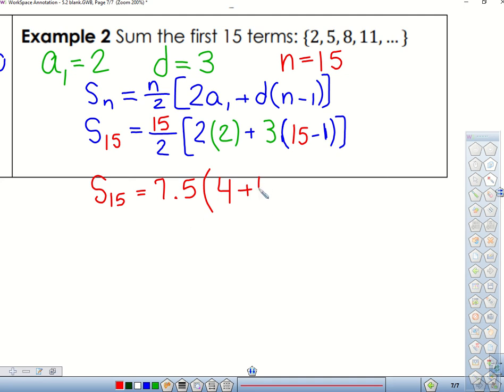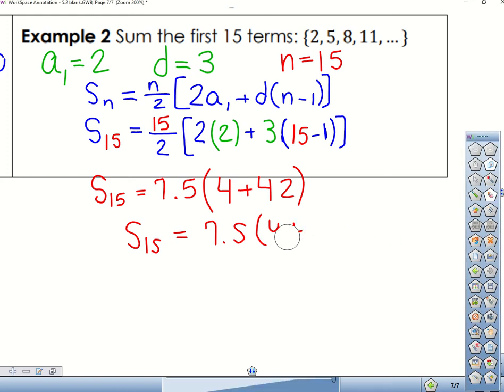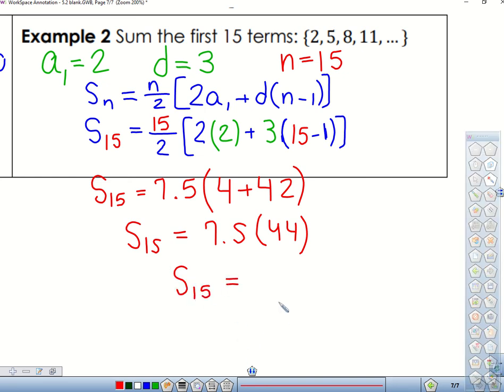Yeah, 42. So order of operations, that's 7.5 times 4.4. No, not 4.4, 44. What am I doing? 44. I don't know why I thought it was 4.4. Which means that the sum of the first 15 terms is 345.